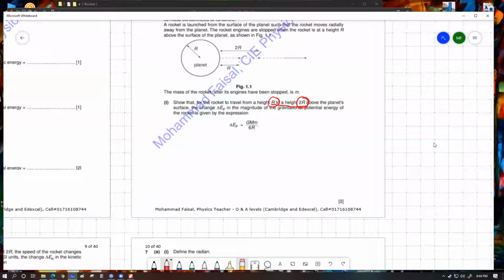So delta EP is given by mass times delta phi, which can be written as mass into final potential minus initial potential, which can be written as mass multiplied by minus GM by 2r minus GM by r.